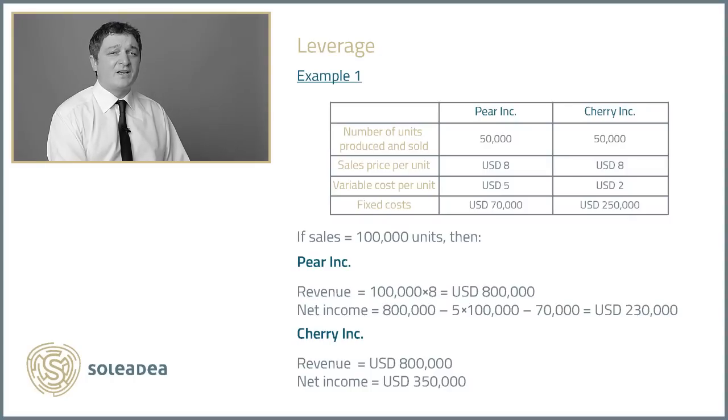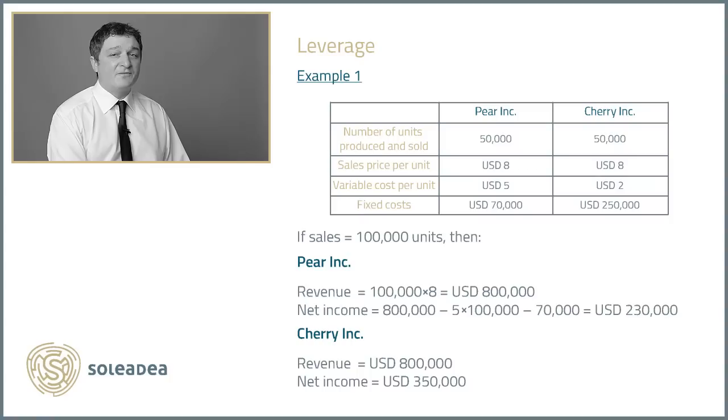If we assume that the sales increase up to 100,000 units, the Pear Incorporated net income will be 100,000 times 8 minus 5 minus 70,000, which makes $230,000.